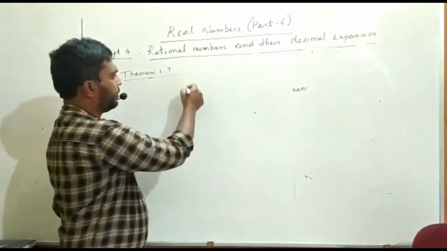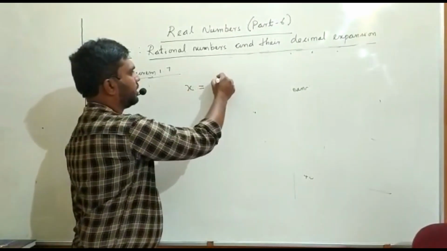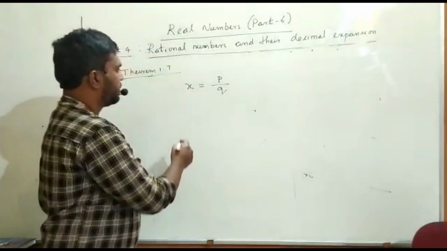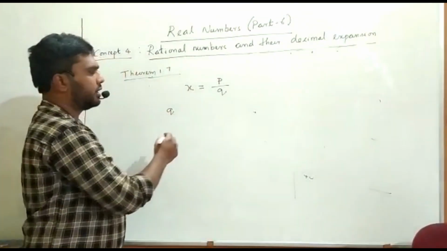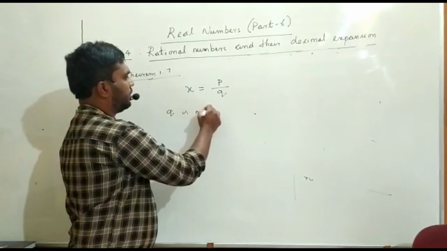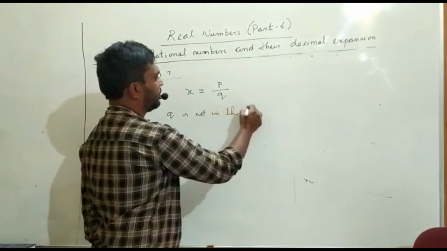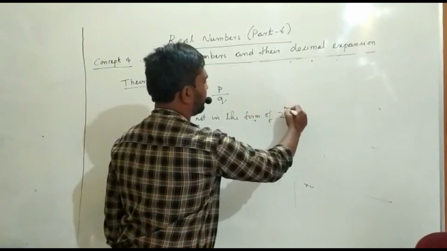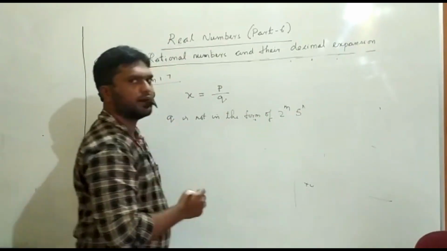For example, you have a rational number in the form of p by q, and q is not in the form of 2 to the power of m, 5 to the power of n.